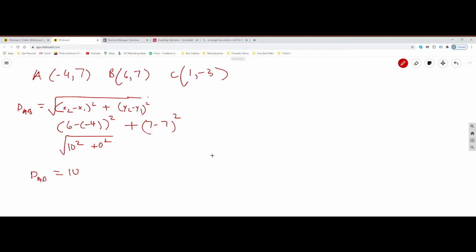Now we have to do BC, which is equal to, let's consider this as x2 and y2. So 1 minus 6 squared plus -3 minus 7 squared.